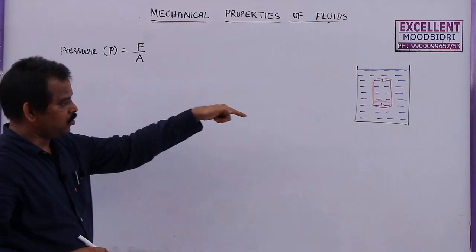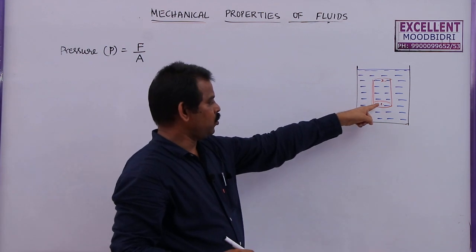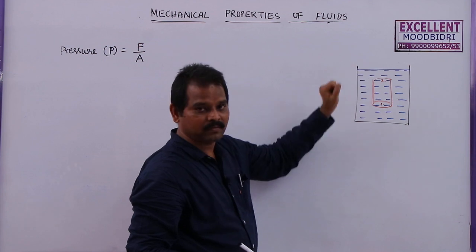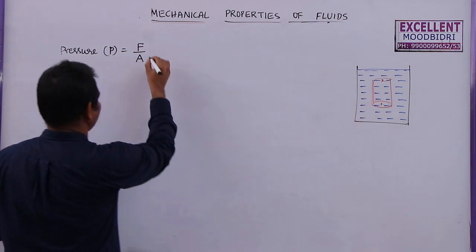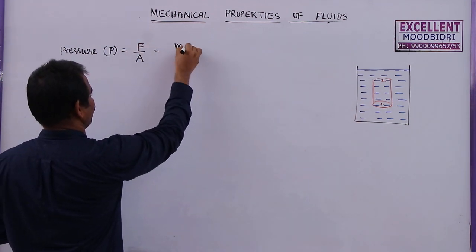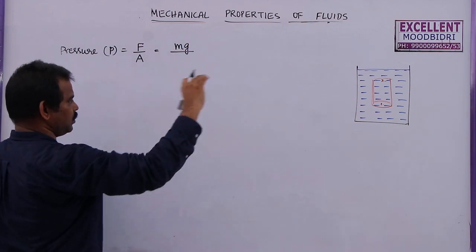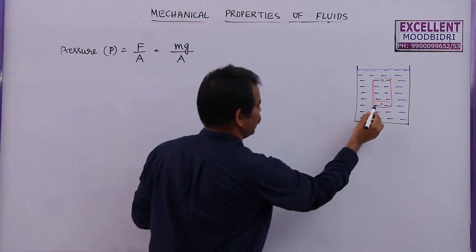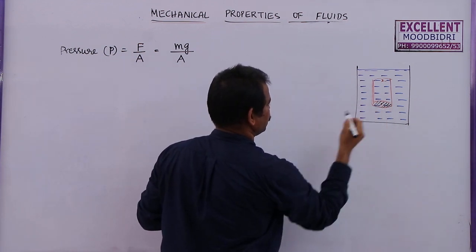So what is the force acting here? At point 1, the total weight of the liquid is acting here. So this force is nothing but the weight of the liquid in that liquid column, by the area of cross section of that liquid column.